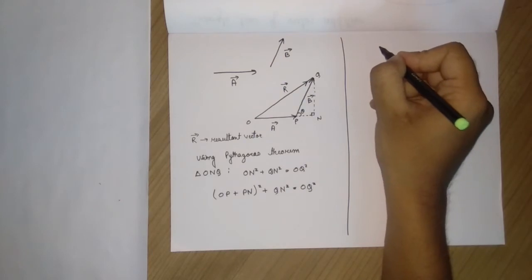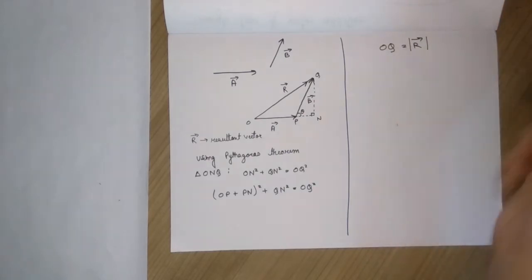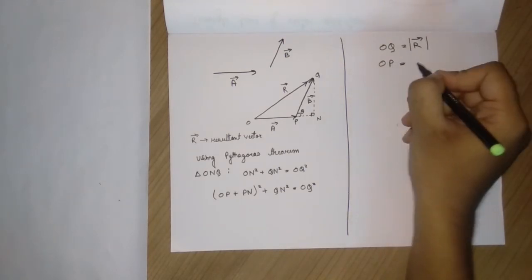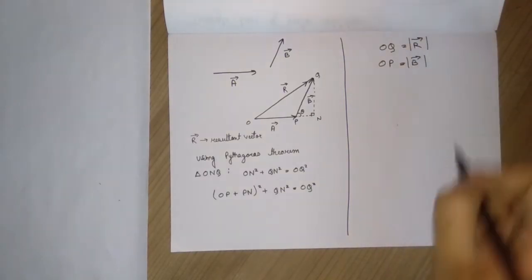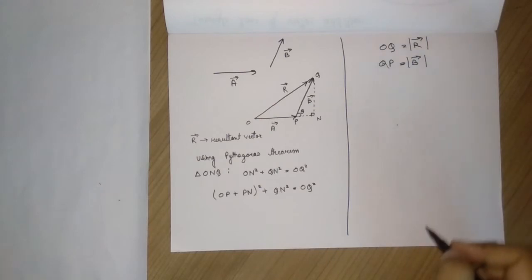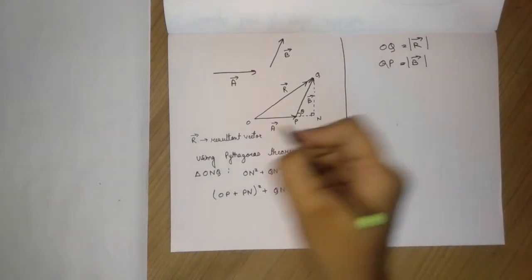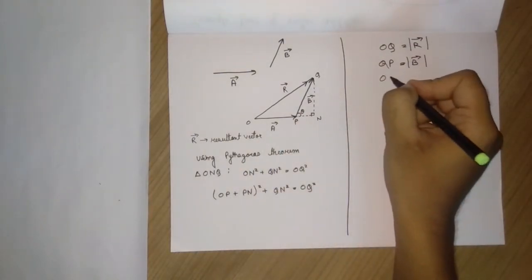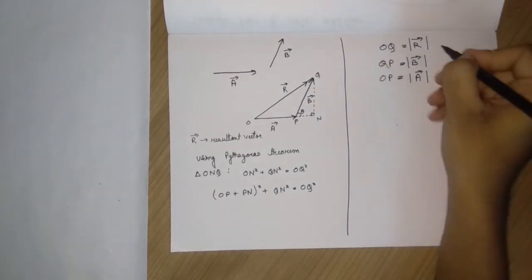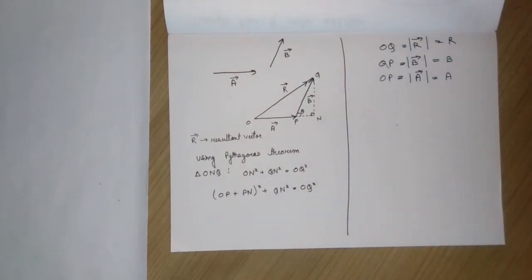See it, OQ is actually what? Vector R. OP is vector A, and QP is vector B, in magnitude.